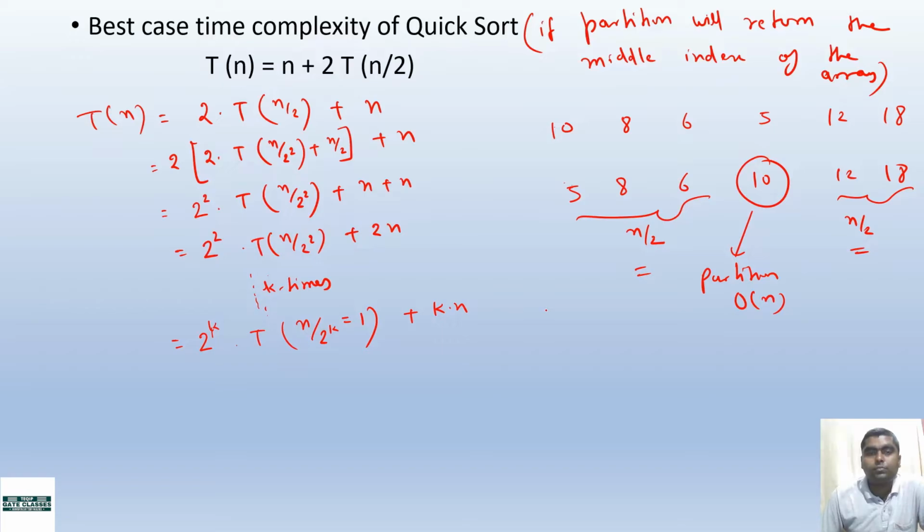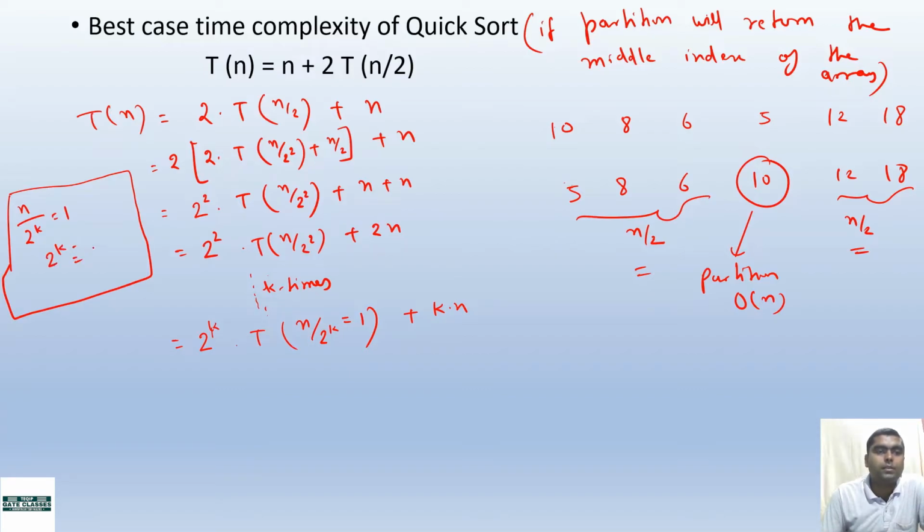Finally n upon 2 raised to the power k equals 1, so 2 raised to the power k equals n, and k equals log n.